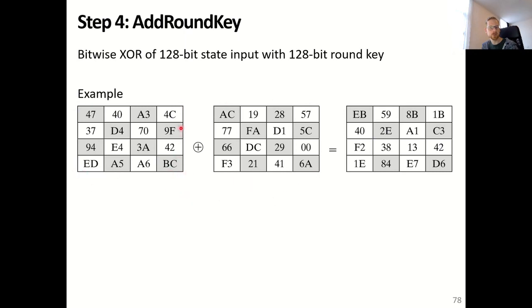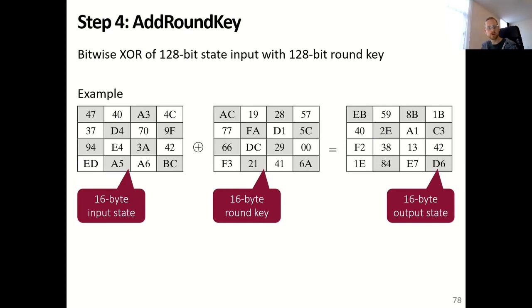So 16-byte state means 128 bits, so each of the 128 bits in our input is XORed with the corresponding bit in the round key, which is the same size. That results in our final output of the round. You can at home verify this example yourself to see whether or not it's correct.